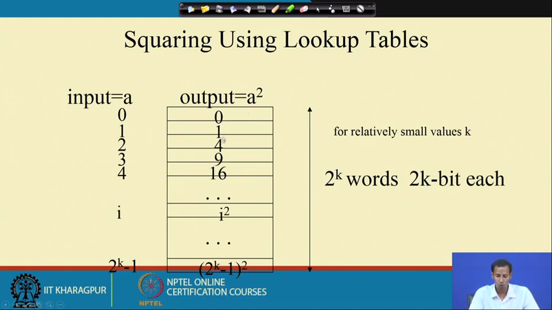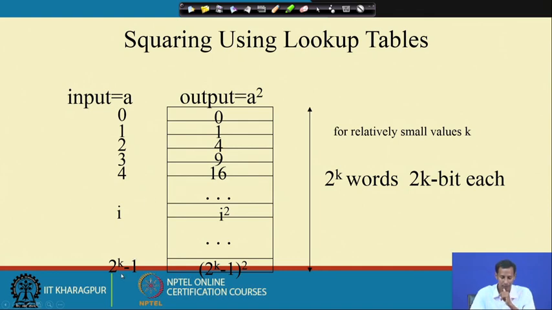Because to store 1, 4, 9, 16, these values, the numbers will be represented or stored in the ROM in terms of binary. So for one of these locations, the location value contains, let us say, 1, but this particular value may contain 16 bits.